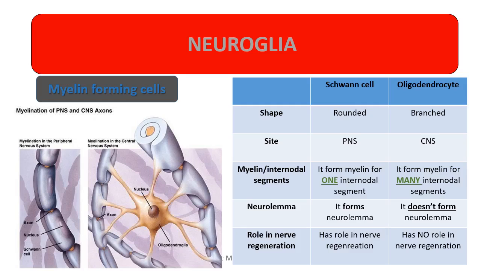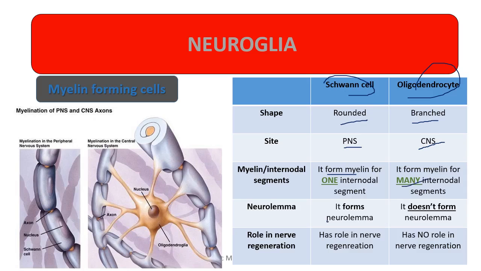The neuroglial cells responsible for the myelin sheath are the Schwann cell and the oligodendrocyte. What is the shape of the Schwann cell? It is a rounded cell. The oligodendrocyte is a branched cell. Schwann cell is present in the peripheral nervous system and is responsible for myelination of one internodal segment. Oligodendrocyte is present in the central nervous system and is responsible for myelination of many internodal segments and many axons.